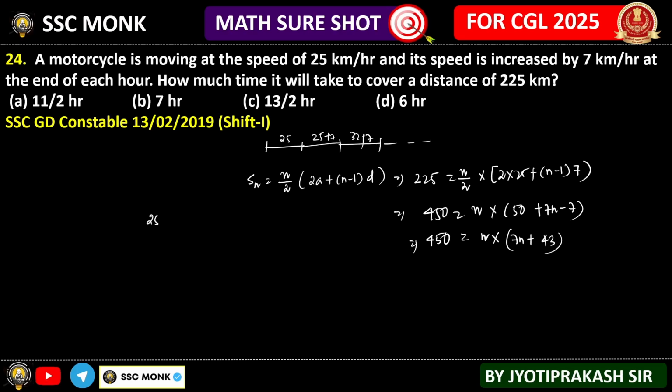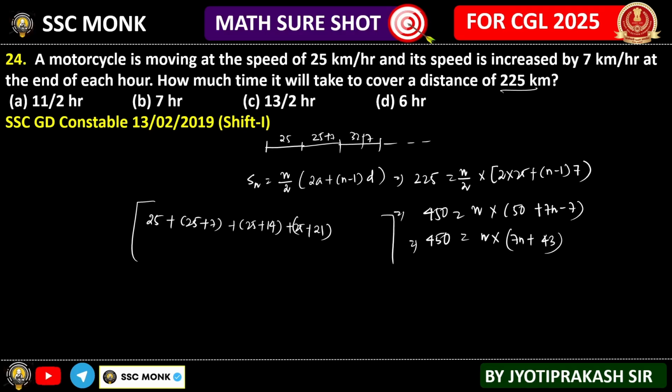The total time taken. From here I can calculate it, or I can use my brain, right? See, first hour 25, second hour 25 plus 7, third hour 25 plus 7 and 7 plus 7, that is 14, then 25 plus 14 plus 7, 21 and so on. This is what it is, right? Now see, total distance is 225 km and here I am adding something, right?